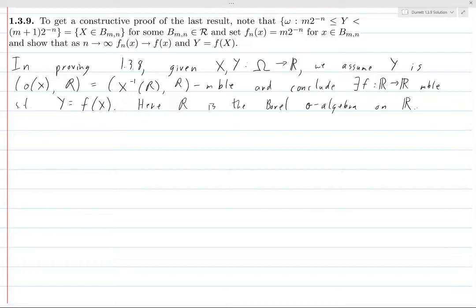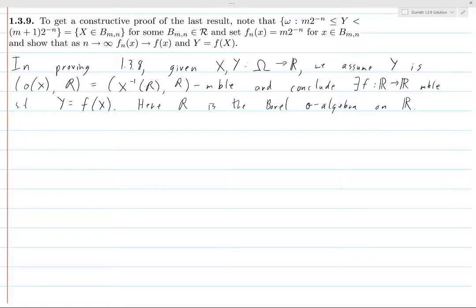Okay, so basically what we do is x, by definition, so this x inverse of R is the collection of sets in omega which are inverse images under x of Borel sets, or sets in the Borel sigma algebra in R. So sets in this uppercase cursive R. So by definition, x is x inverse R to R measurable, because to be measurable means that the inverse image of a measurable set in your codomain is measurable in the domain.